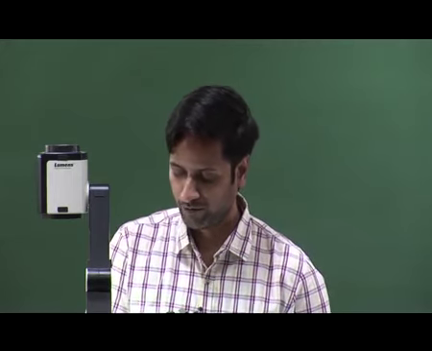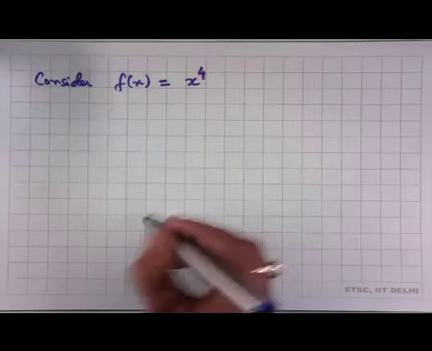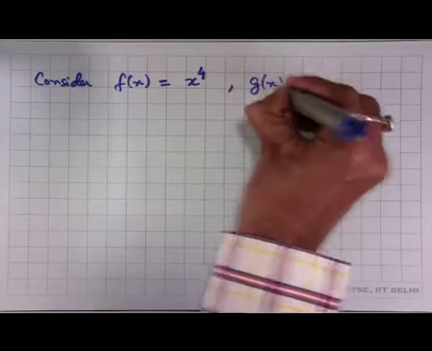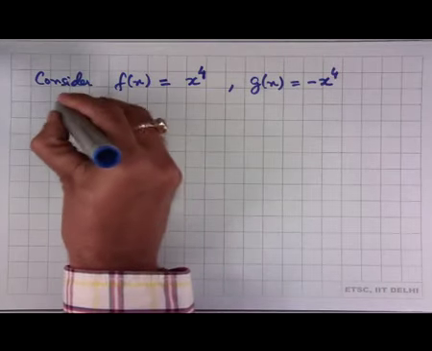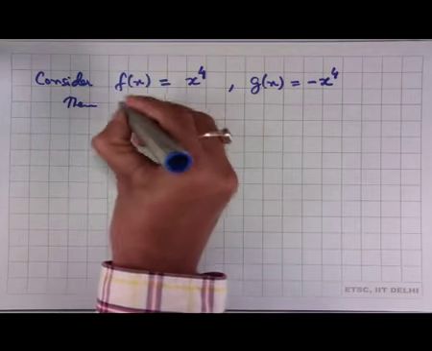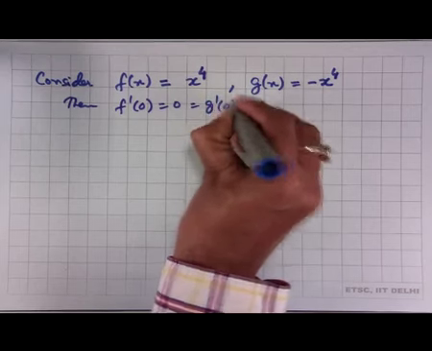So, let us see first the third condition. Consider f x equal to x to the 4 and g x equal to minus x to the 4, then f prime 0 is 0, g prime 0 is also 0.